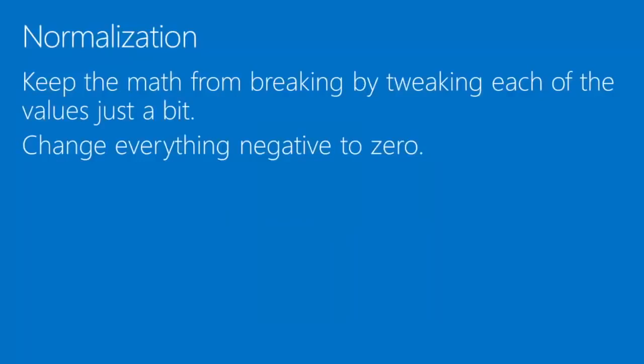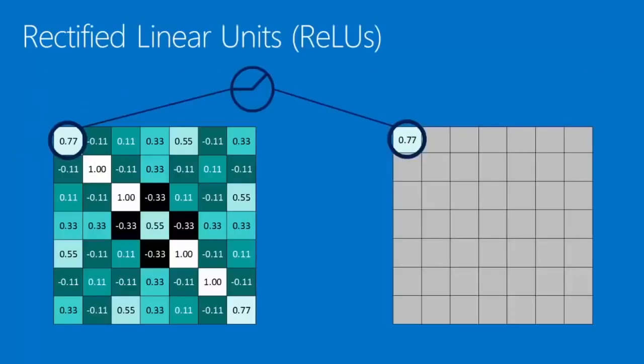Third trick, normalization. This is just a step to keep the math from blowing up and keep it from going to 0. All you do here is everywhere in your image that there is a negative value, change it to 0. So for instance, if we're looking back at our filtered image, we have these what are called rectified linear units. That's the little computational unit that does this.